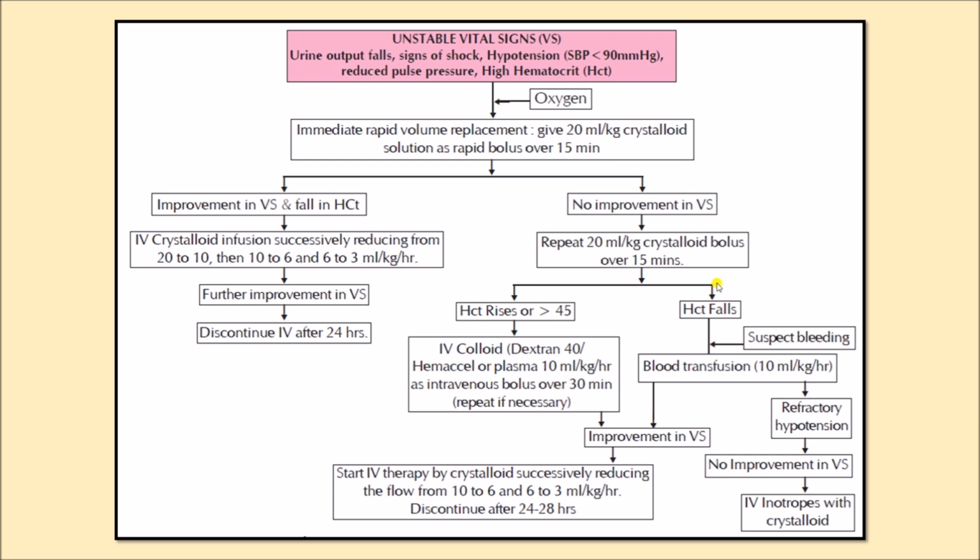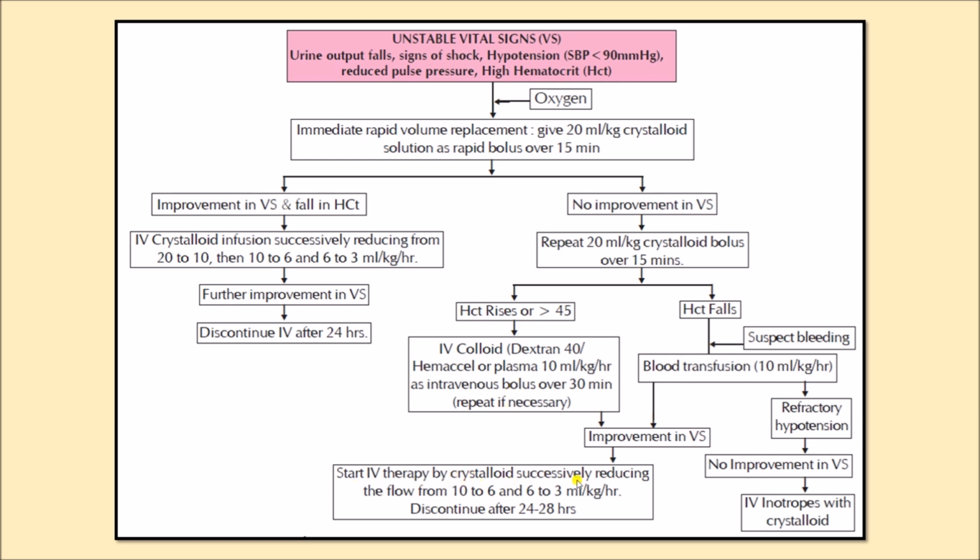If the hematocrit falls, we can suspect bleeding, and if you remember, if you suspect bleeding, we have to give blood transfusion at the rate of 10 ml per kg per hour, same as the previous management. In case of improvement of vital signs, we have to start intravenous therapy.